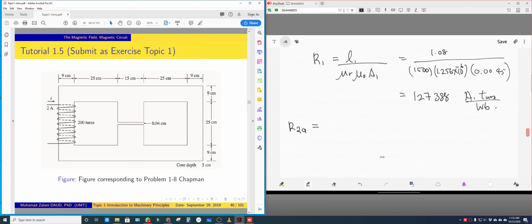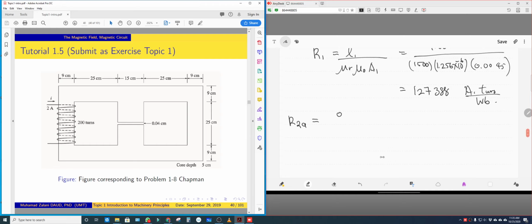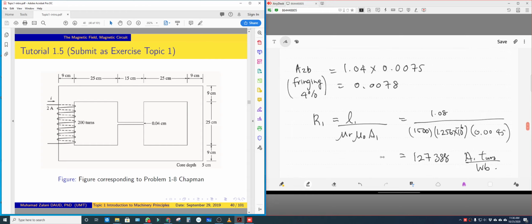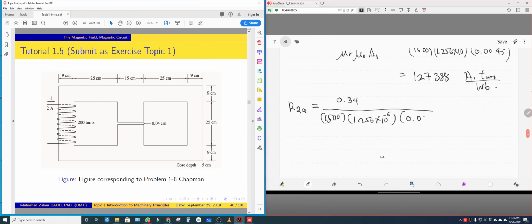The mean path of R2A, 0.34 bagi dengan 1500, macam biasa. So A untuk 2A 0.0075. Dan kita dapat 240.62 ampere turns per Weber.